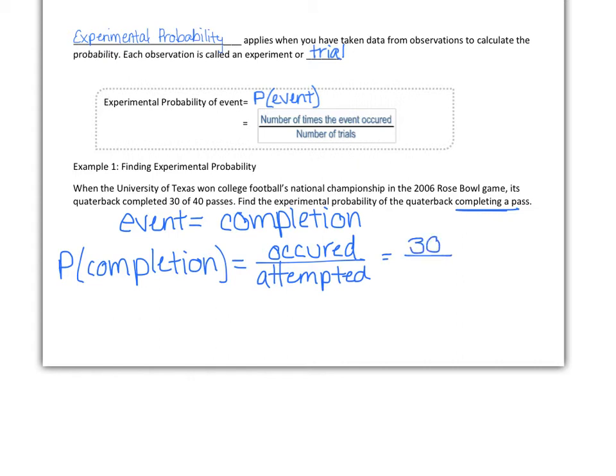How many passes did he throw overall? The attempts for completion was 40. So you can put that in the calculator. We find that it's 0.75. So that's the probability expressed as a real number, or we could put it as a percent. It's 75%. All right, so take the number of times it occurred over the attempted, reduce it, get it in a decimal or a percent. Either one works.